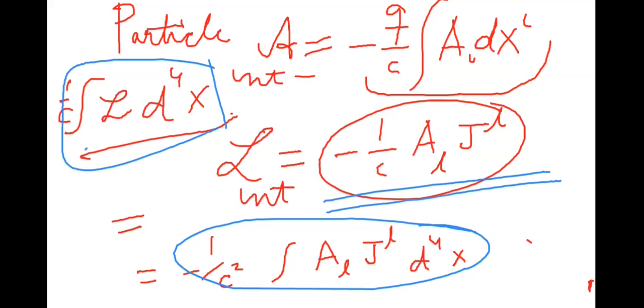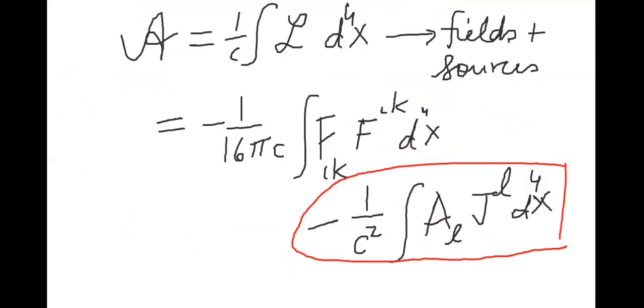Okay, so if you go back to my slides and see what kind of Lagrangian we were using, we were using this part of the Lagrangian here. That shows the interaction of the sources with the fields, right?